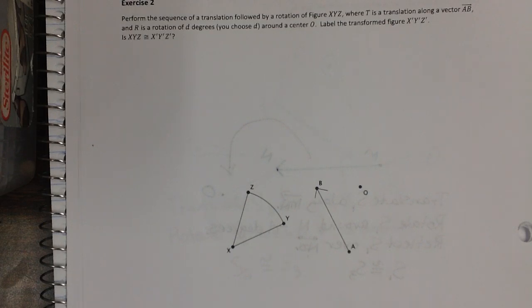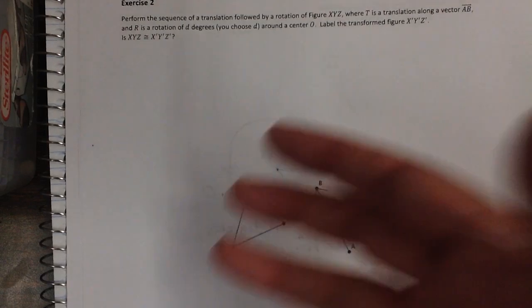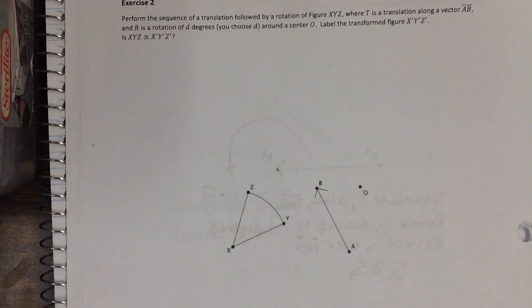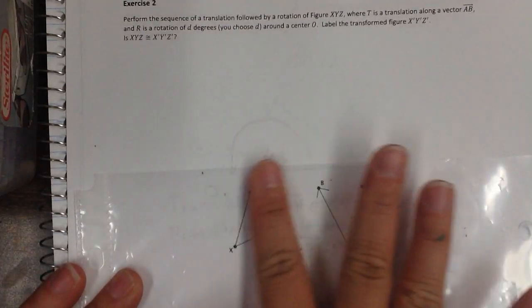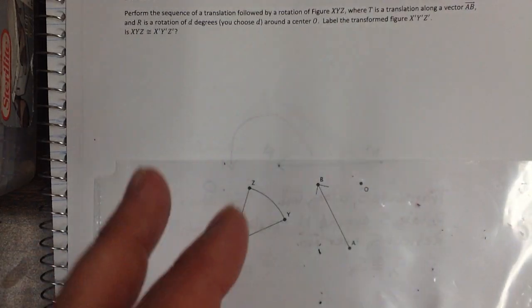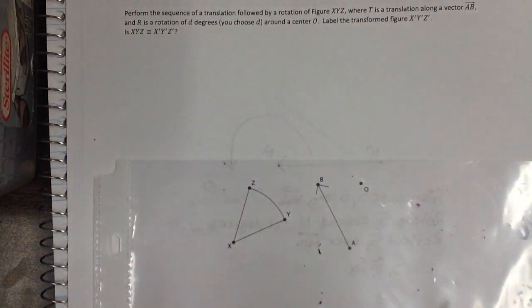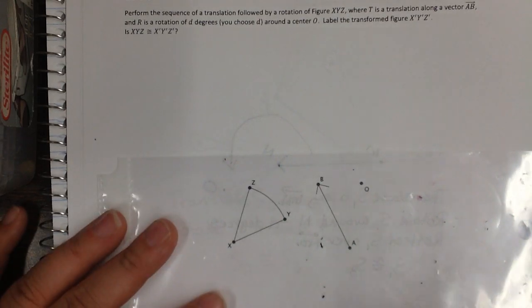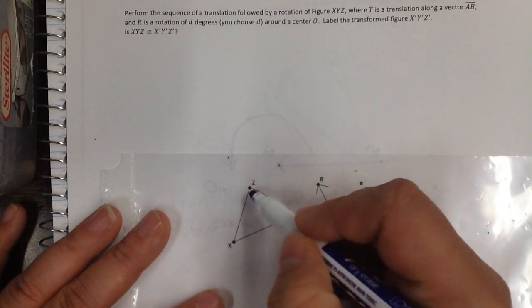Okay, so we're going to do this sequence of rigid motions and then determine if they are congruent. So on this one you would actually have to do it because it says perform the sequence. So you're going to have to do this one.